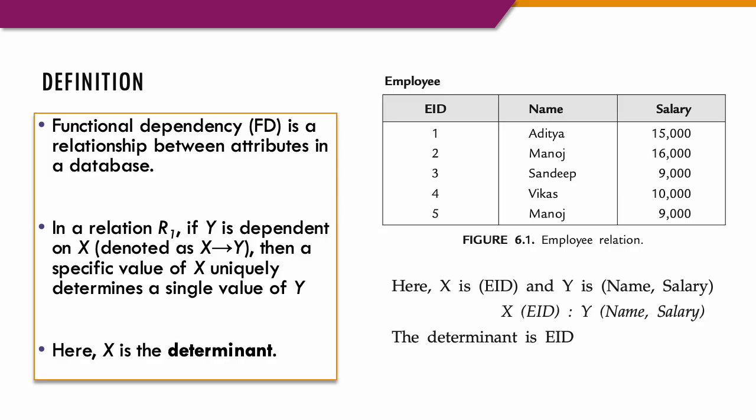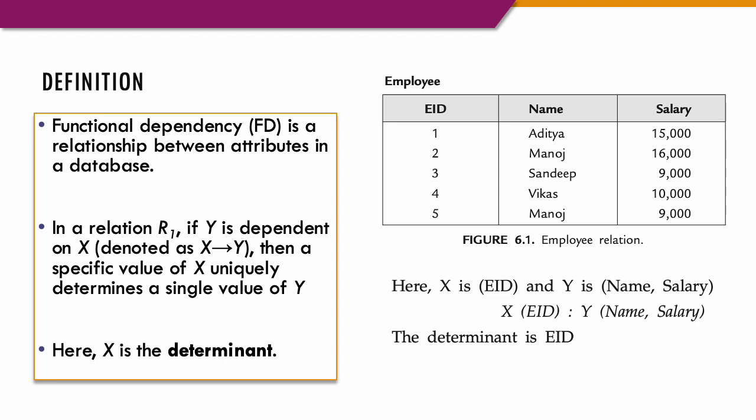Okay, so let's start with the definition of functional dependency. Functional dependency, or FD, describes a relationship between the attributes in a database where one attribute determines another.